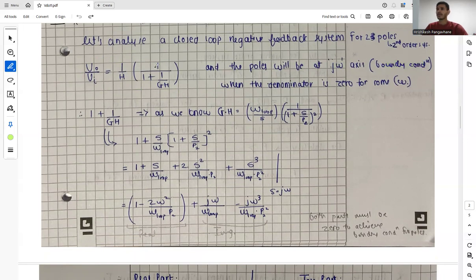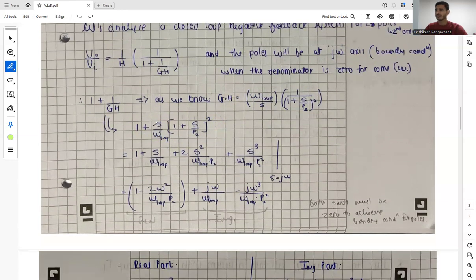Then the denominator is 0 for some value of omega. So let's say 1 plus 1 upon GH. As we know, GH, which is our loop gain, is equal to this value. So 1 plus 1 upon GH, after putting this value of GH, nearly comes to exactly this value.